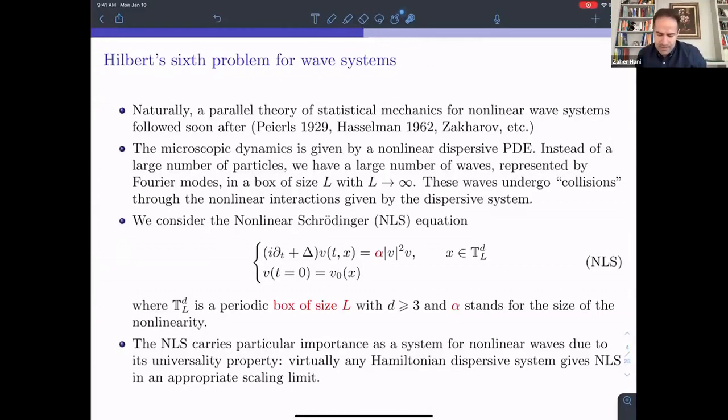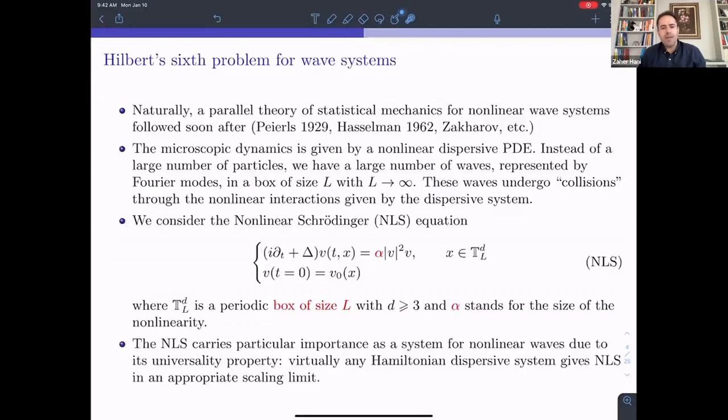So to describe what this kinetic theory of waves looks like, the microscopic dynamics here, or the first principle, if you like, is given by a nonlinear dispersive PDE. So instead of having a particle system that is governed by Newton's equation, we have a nonlinear dispersive PDE that tells us our microscopic dynamics.